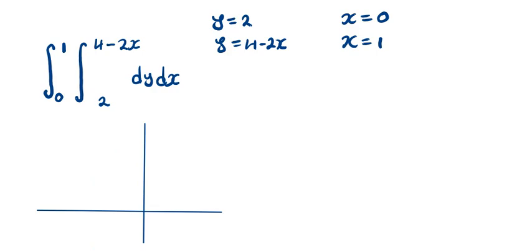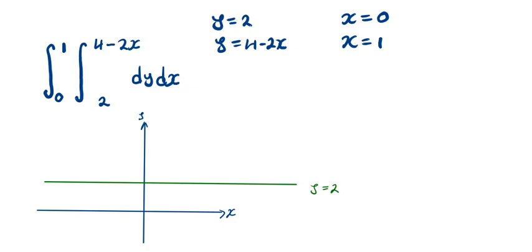Okay, so this is our y-axis, and this is our x-axis. So first of all, we have a line at y equals 2, so we can put up a line, let's say here. Let's just say this is y equals 2.